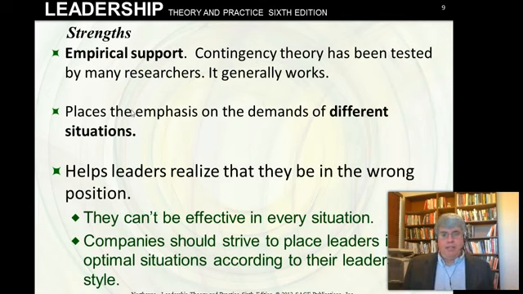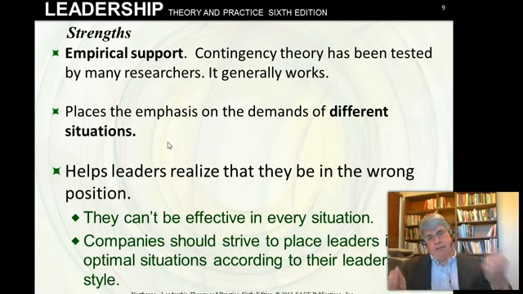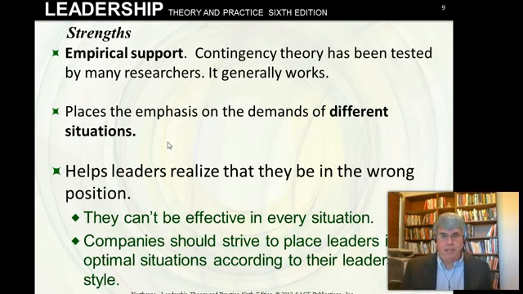Another advantage is that it places the emphasis on the demands of different situations. It says that the situation has a big impact on what leadership is going to be most effective. We saw in situational leadership, it only depended on the developmental stage of the follower. Here, we're looking at all kinds of things that influence what type of leadership is appropriate.